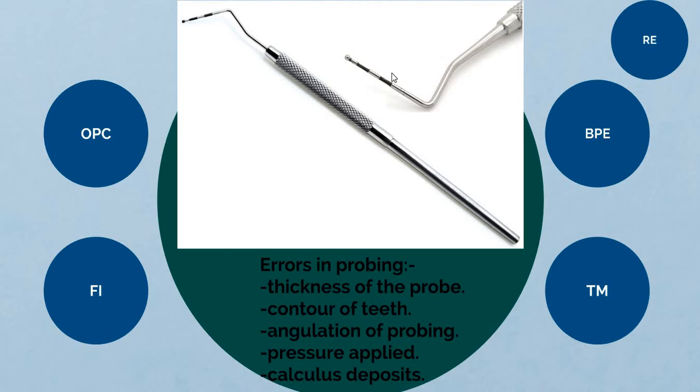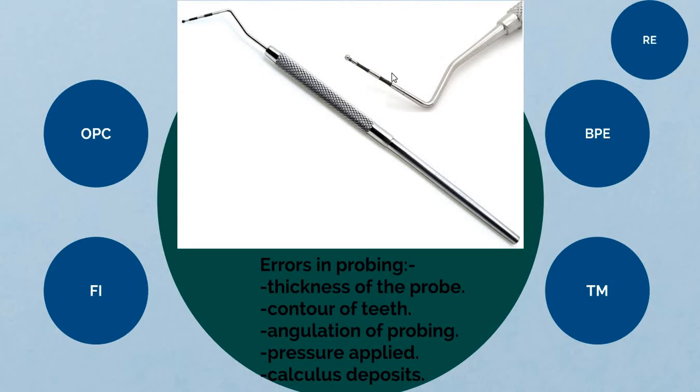The probe should be moved gently around the sulcus to avoid trauma, and a force of approximately 0.25 newton is recommended, but this is difficult to achieve consistently without the use of a pressure sensitive probe actually. But a specialized clinician is needed to do appropriate probing techniques.